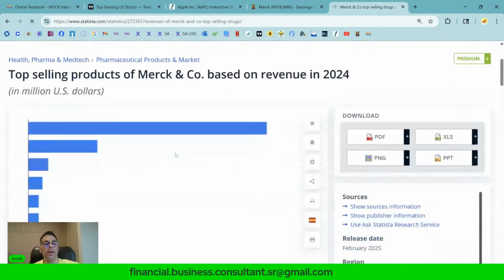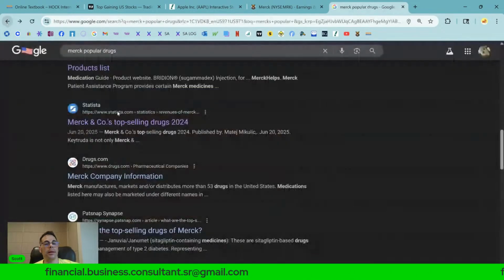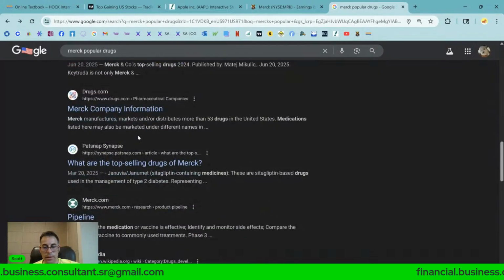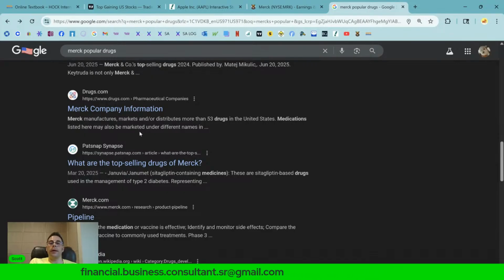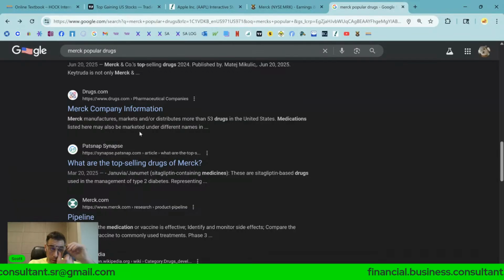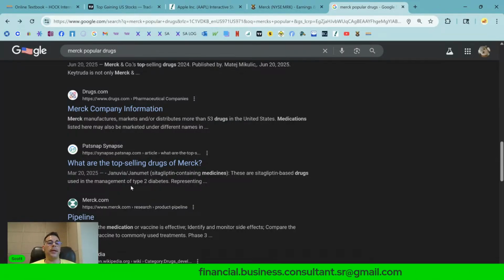You also want to look at the pipeline of drugs. And a lot of companies just acquire. So in order to build that pipeline out, they may just acquire another pharmaceutical company or another company in its industry.